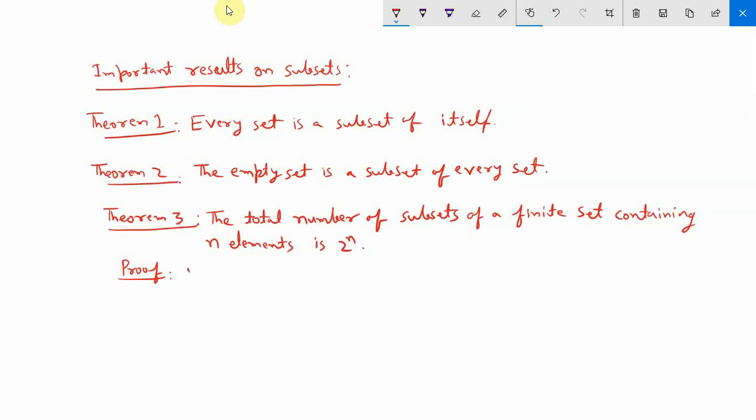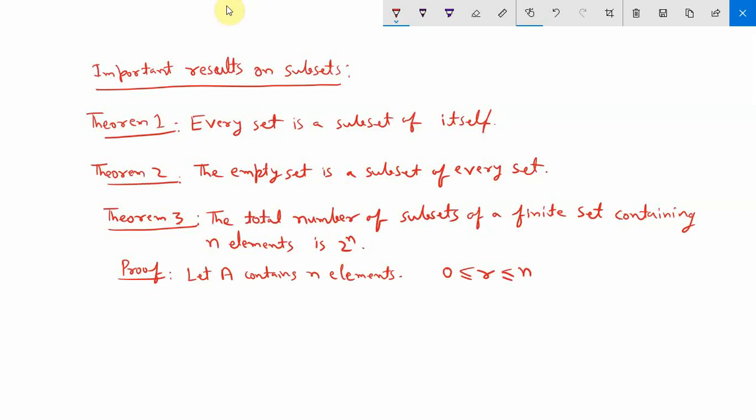So we can write: let A contain n elements and R be any number, so R will be greater than 0 and less than n. So those are the subsets of A that have R elements.